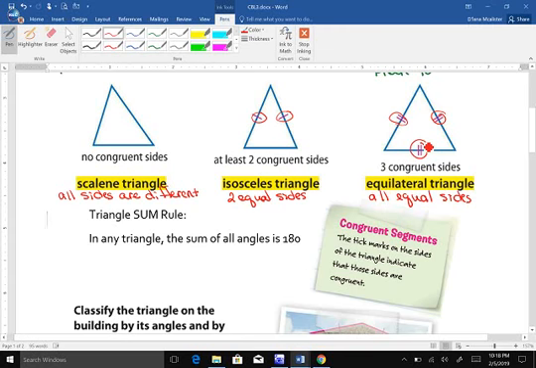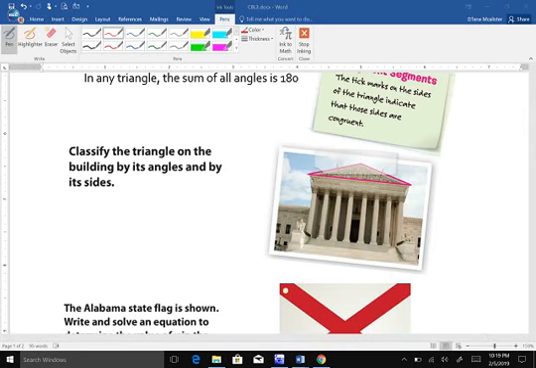Let's take a look and see if we can identify some triangles using the angles and the sides. Let's take a look at this first example over here on the right.